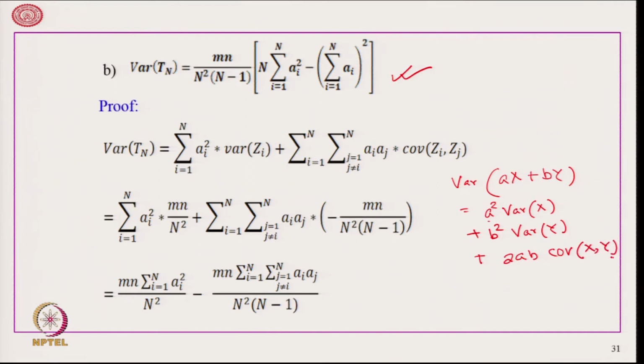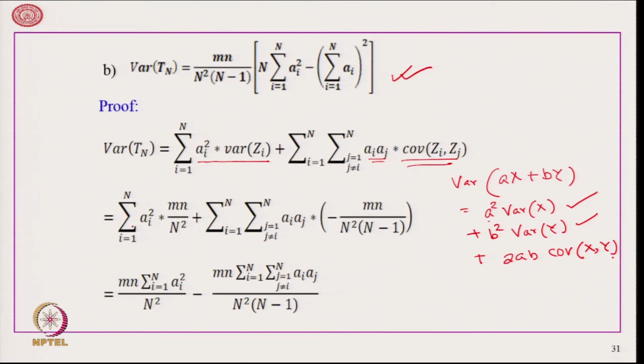When we generalize it, we get the variance of T_n is equal to Σ a_i squared times the variance of z_i, i equal to 1 to n, plus we are looking at all pairs and trying to find the covariance of z_i and z_j.